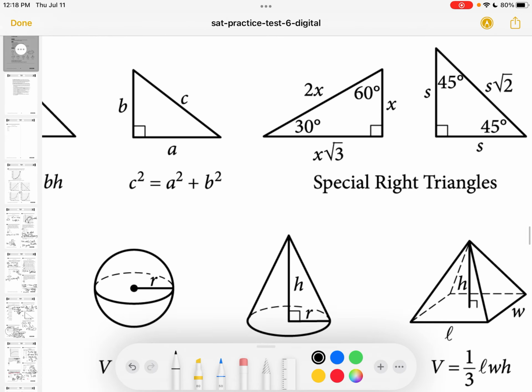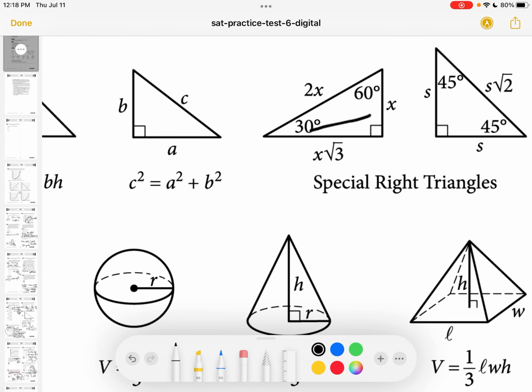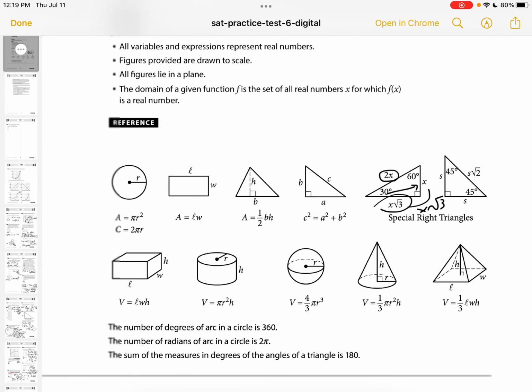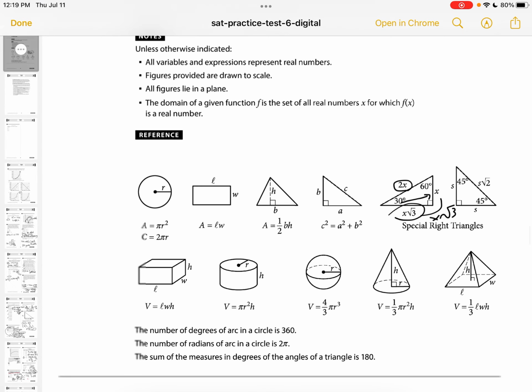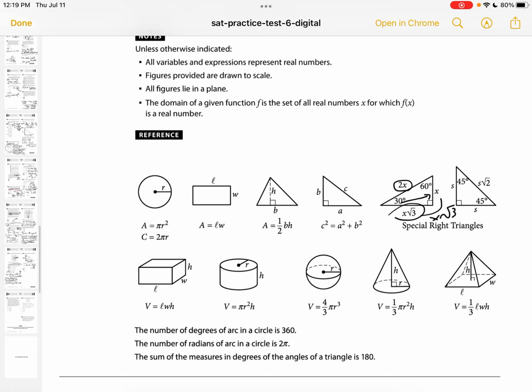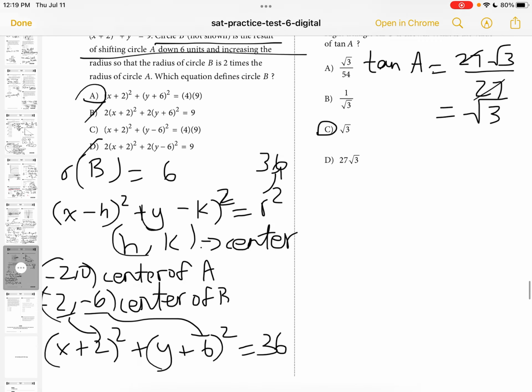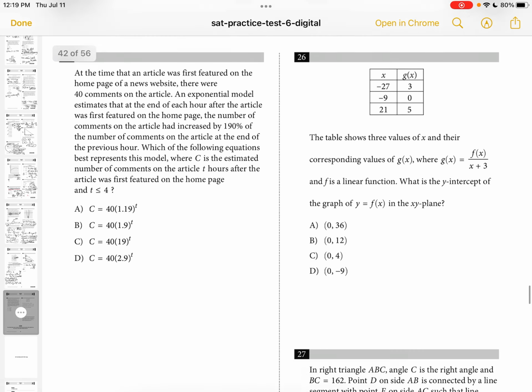You see how the side opposite the smallest angle is half of the hypotenuse, and the longer leg is root 3 times the shorter leg. You can go back to the reference sheet and use that too, but it's better to memorize to save time and to be more accurate sometimes. Alright, let's go to the next question.